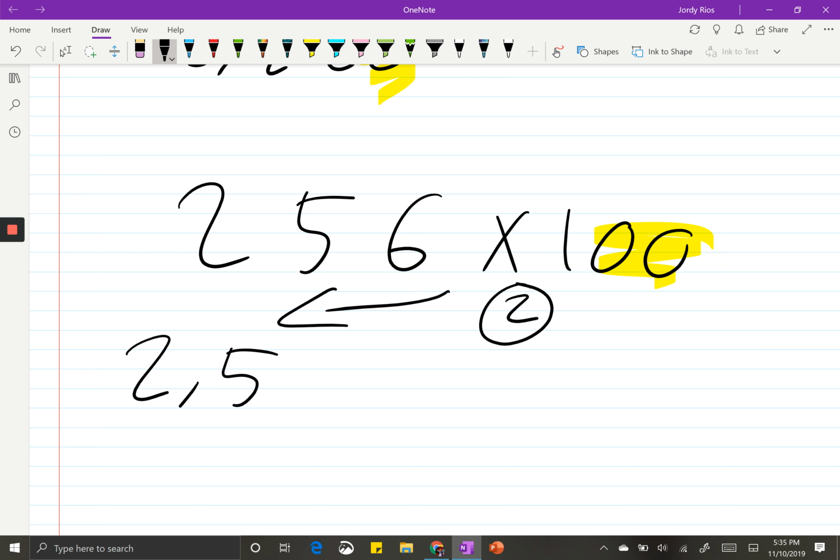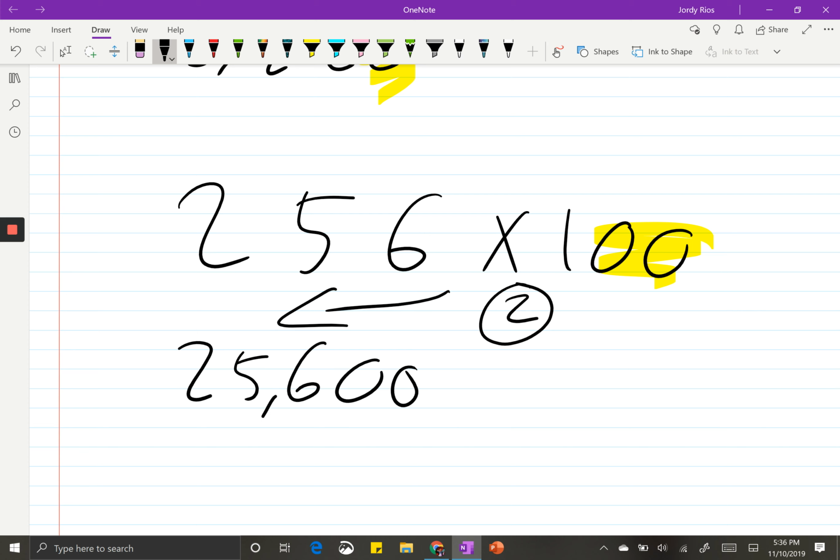So my new number is, oops, there we go. I go from 256 times 100. I add in 2 zeros. I shifted everything over two place values, right? My 6 was in the ones place value.